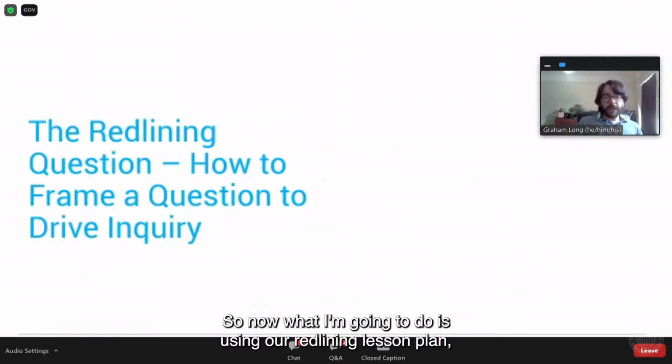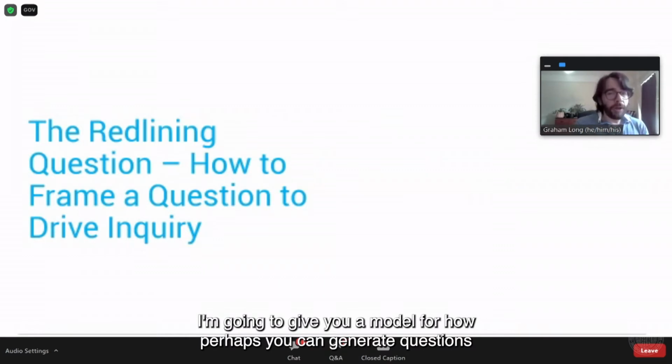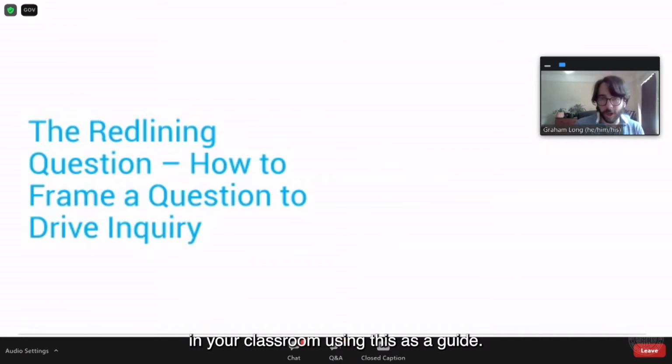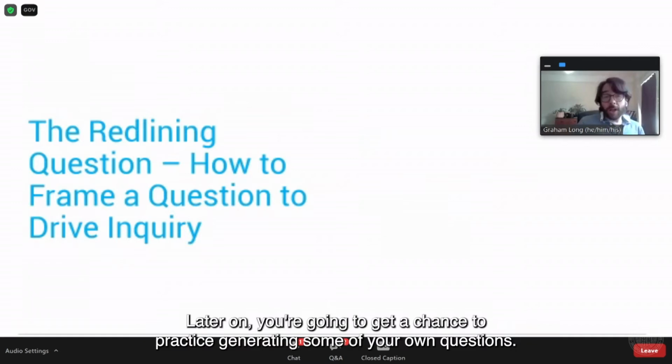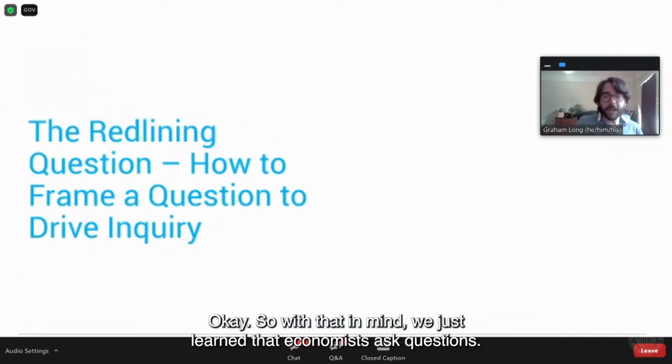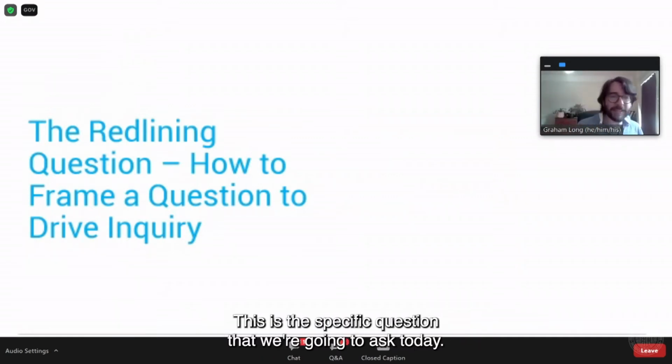So now what I'm going to do is, using our redlining lesson plan, give you a model for how perhaps you can generate questions in your classroom, using our redlining lesson plan as a blueprint, if you will. Later on, you're going to get a chance to practice generating some of your own questions, okay? So with that in mind, we've just learned that economists ask questions. This is the specific question that we're going to ask today.